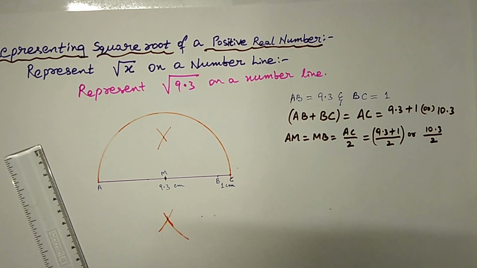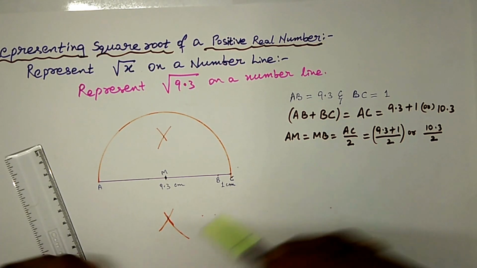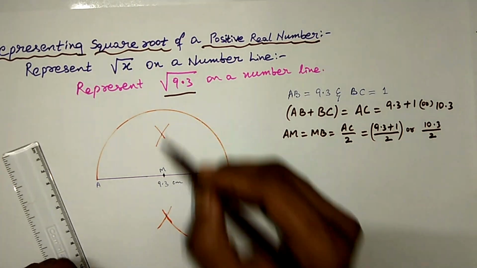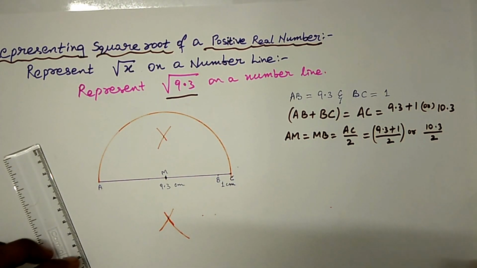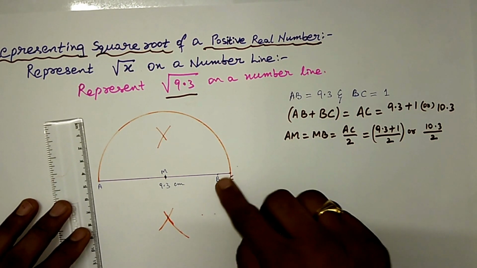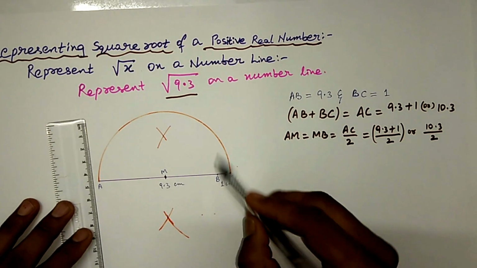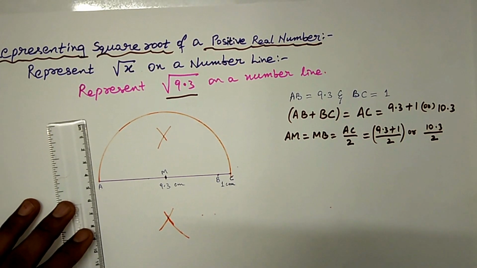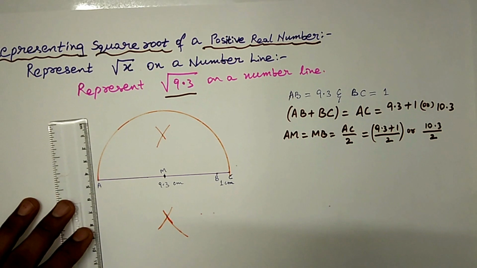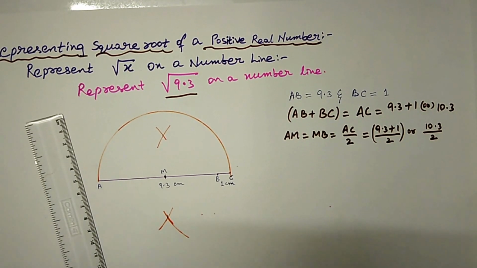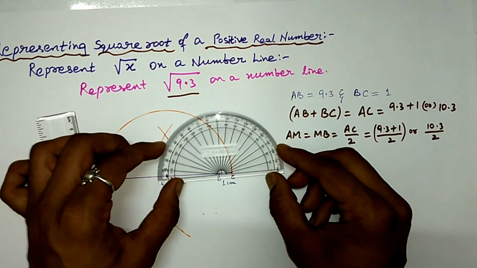Now the next important procedure: to find root 9.3, we need to construct a perpendicular at B. How to construct a perpendicular at B? We can construct it with the help of a protractor.